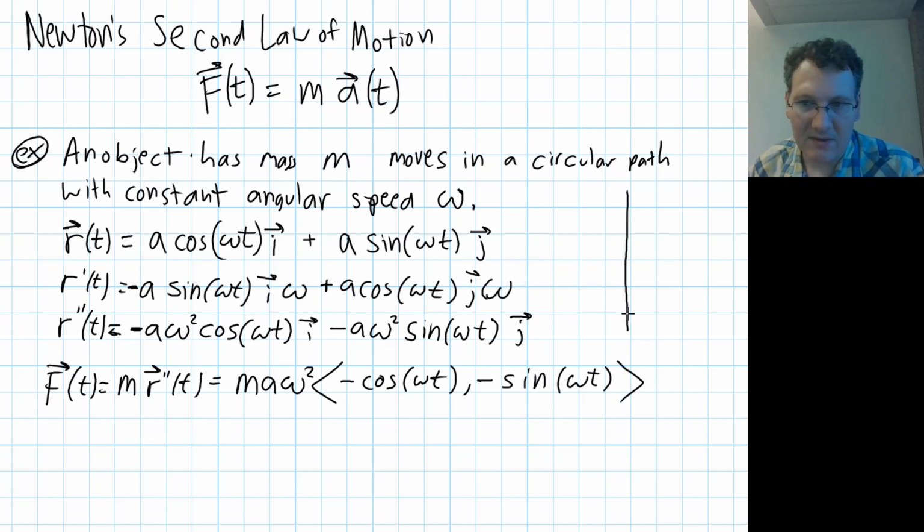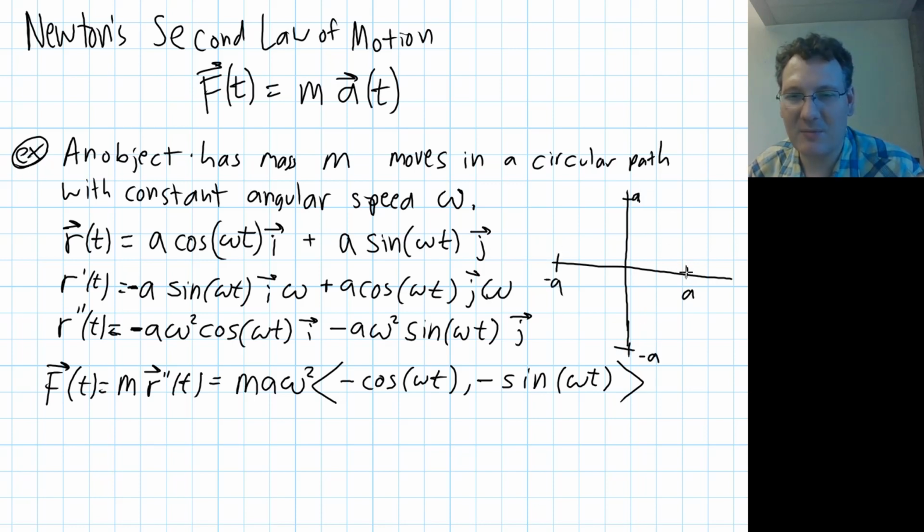So if we were to graph this thing, as this thing is moving around, this is the radius of this path. It's going around in this circle in this direction.